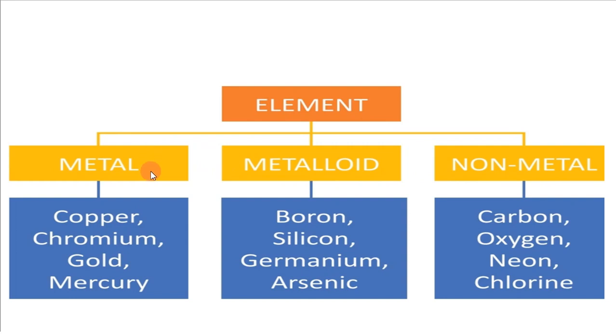Can you say some examples for metal? Everyone is using gold, right? So gold is a metal, iron is a metal, aluminium is a metal. Many metals are given: copper, chromium, gold, mercury. Non-metals are mostly gaseous: carbon, oxygen, neon, chlorine.